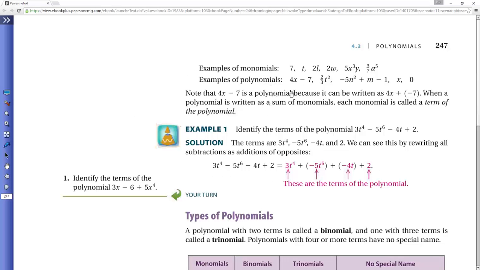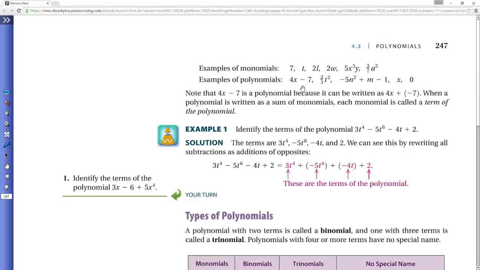They give us a lot of examples here: 7t, 2l, 2w, 5x cubed y, 7/3 a to the fifth, and so on. These are all examples of monomials. Even though there's multiple things in here, these things are multiplied together, so they're still a single term. These others are polynomials because there's an addition occurring here.